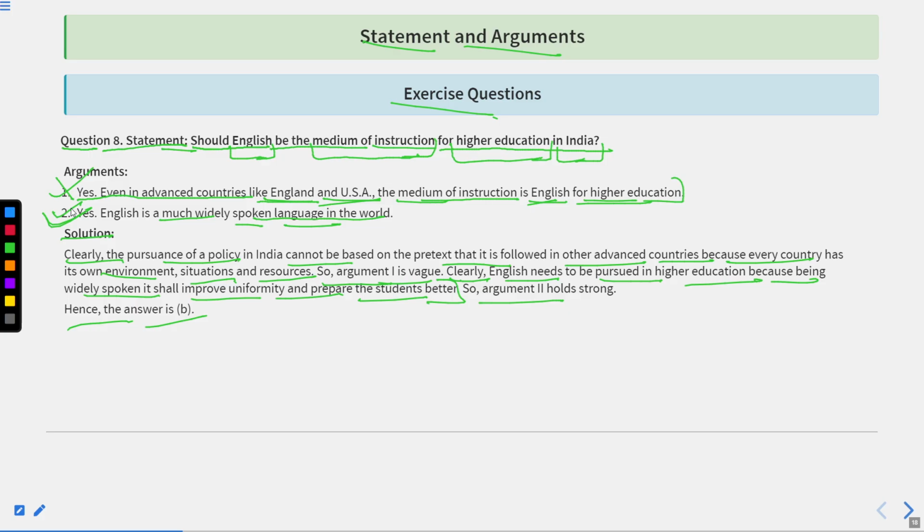The first argument it is providing is that it is going to harm others through passive inhalation. Second, people don't like the smell of cigarettes. Now these are two arguments that have been given to you. Both are saying that yes, it should be banned.